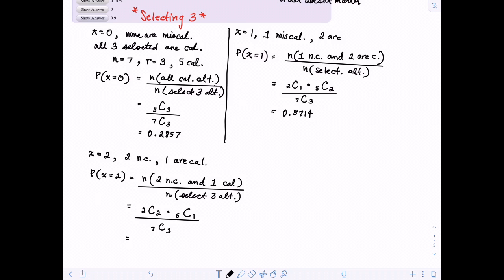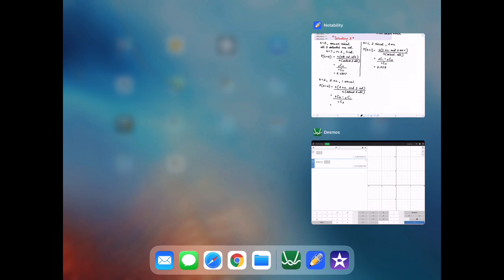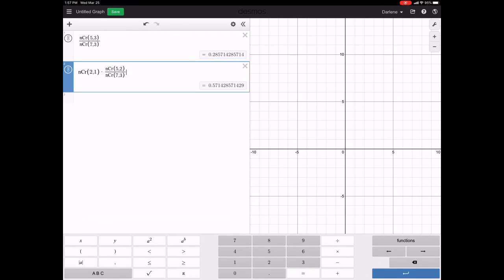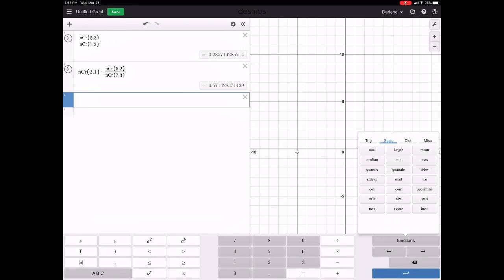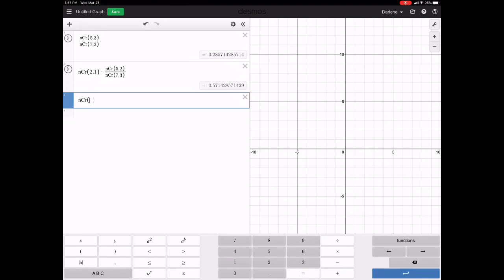So just go ahead and go back to the calculator and put that in. So I'll go back to function, stats, nCr, and do 2 choose 2 that are not calibrated, times function, stats, nCr, right? And then 5 choose 1, and then divided by 7 choose 3, right?